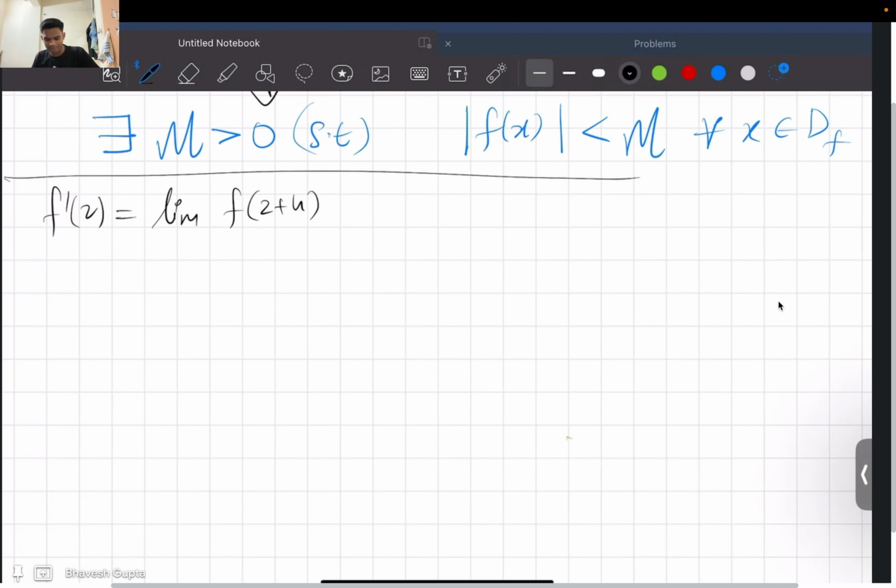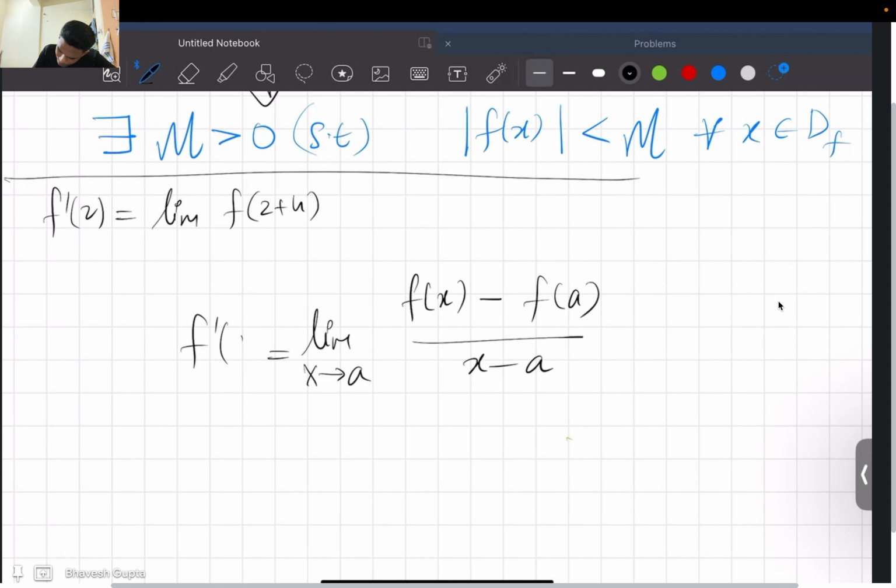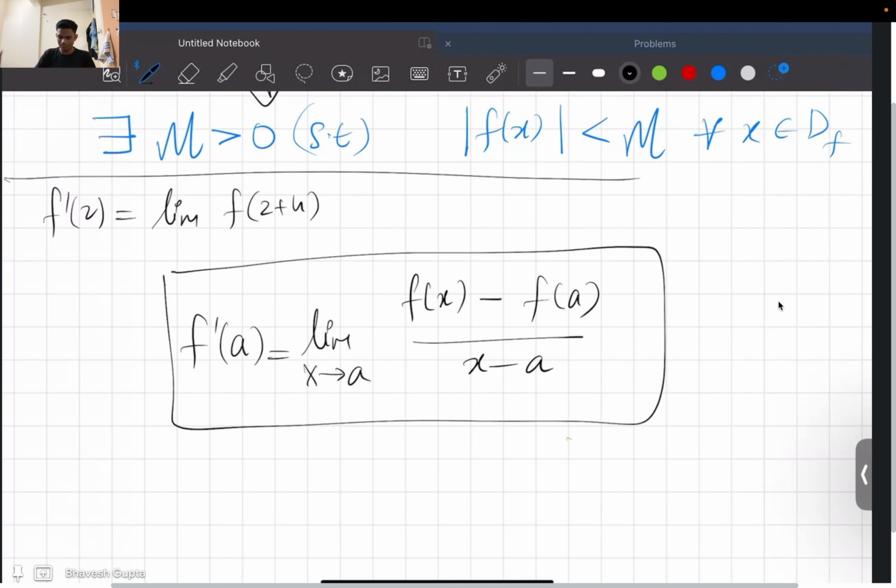Actually, by the way, there is another way to write down the same derivative statement. The way is this: f of x minus f of a over x minus a, limit x tends to a. This is also a definition of this. You can note down somewhere, and you can check.